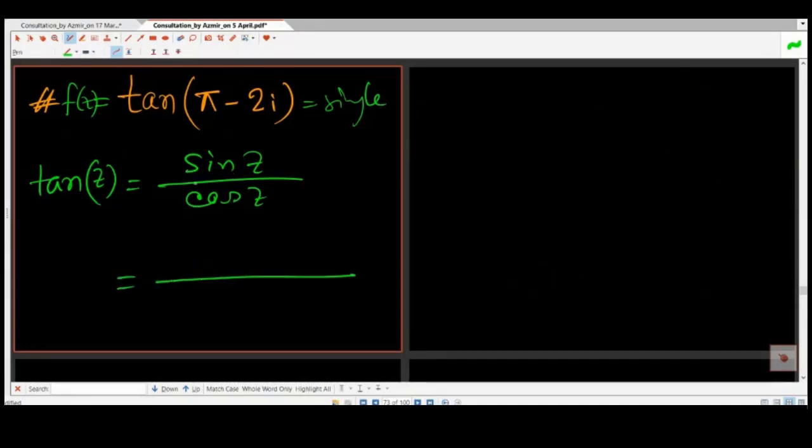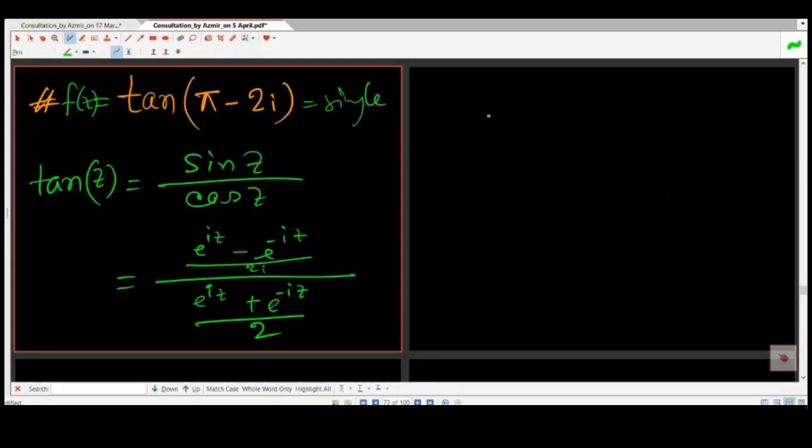That means we can apply the formula of sine z and cosine z. We know that sine z is (e^(iz) minus e^(-iz)) over 2i, and cosine z is (e^(iz) plus e^(-iz)) over 2.